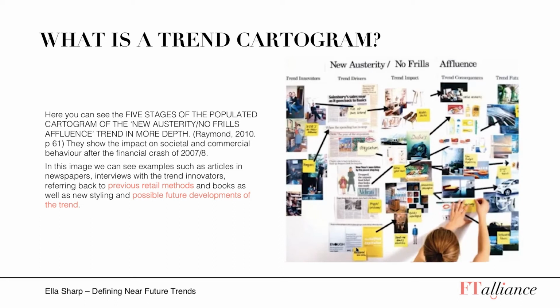So we can see a pattern here of looking back to ways of saving money, to the ways that our parents saved money, and recreating some of those ways of living and styles of living.